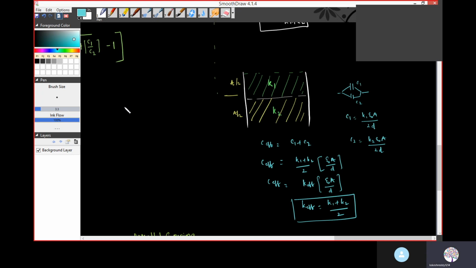Now, if you take a bit more complex one, let's take this: this is C3, K3.